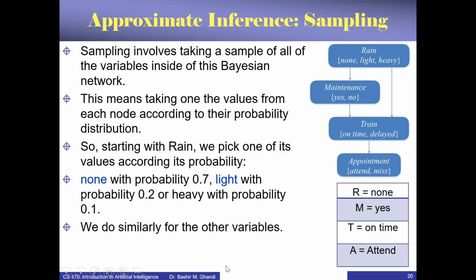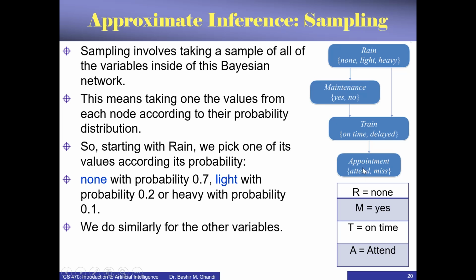Then we go ahead and do the same thing for the maintenance. Pick yes or no, depending on the probabilities. Suppose we pick maintenance to be yes. And then we again randomly pick one of the values for the train, whether it is on time or it is delayed, again based on the different probabilities that we saw in the probability distribution table.